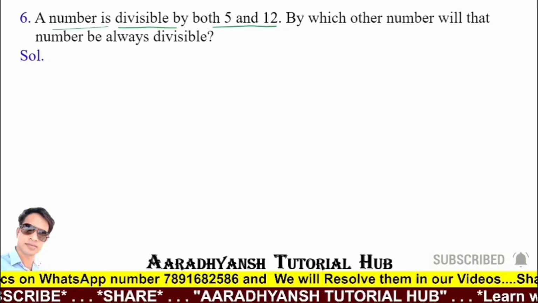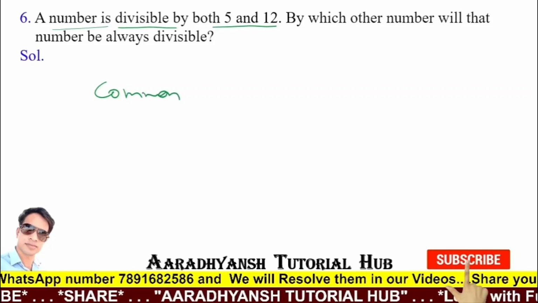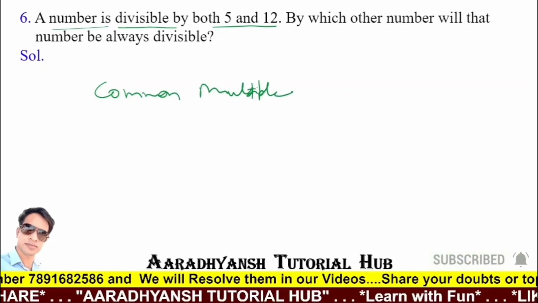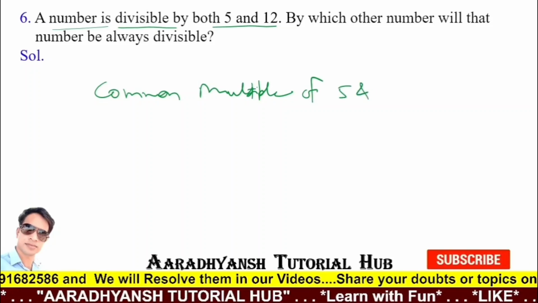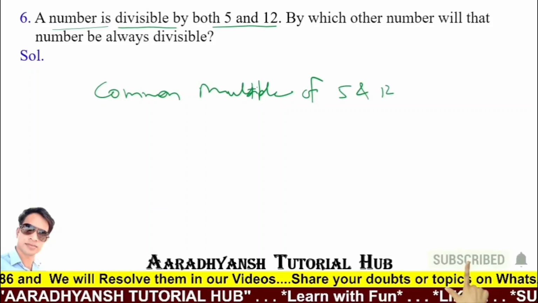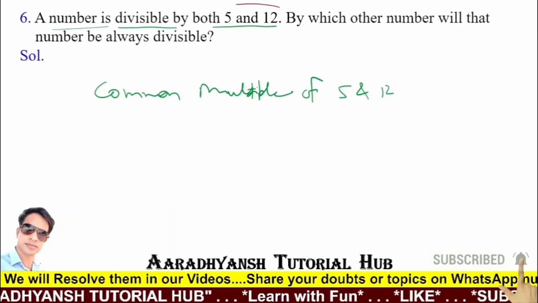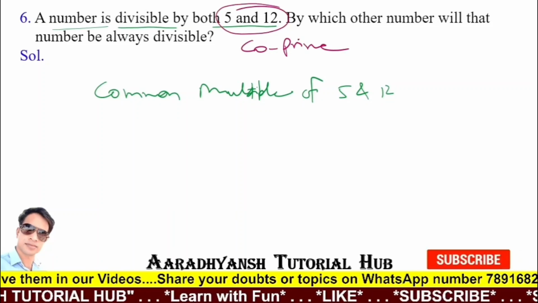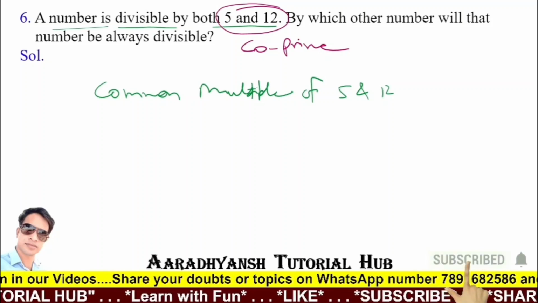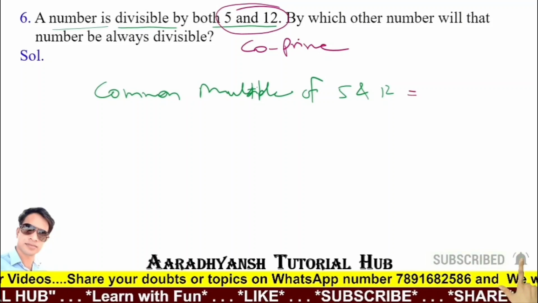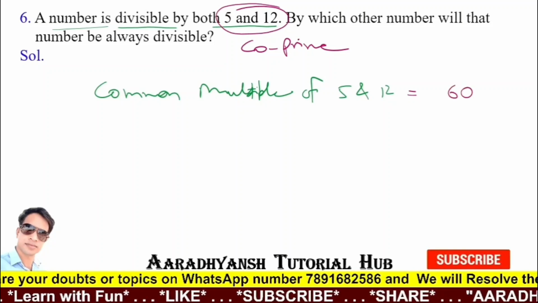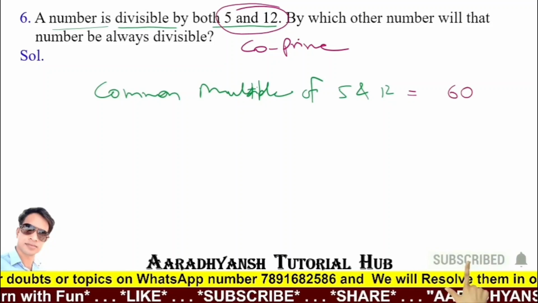We have to find a common multiple of 5 and 12. And we know that 5 and 12 are co-prime. So their common multiple will be the product of 5 and 12, that is 60. Okay.